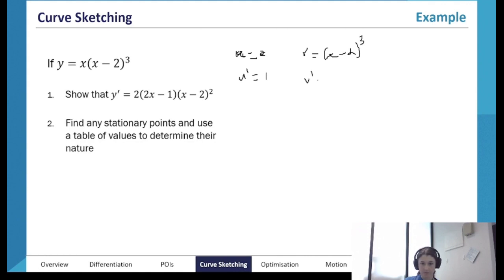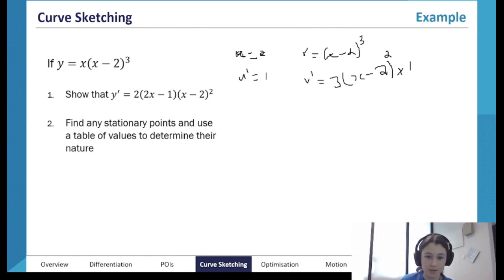Our v dash, remember, we're going to use our chain rule here, so we're going to take this 3 out the front, leave what's in the brackets, take this old power by 1, reducing this old power, giving us 2. Now we're going to multiply by the derivative of the thing we just left by itself, the thing we just covered over, the thing we just ignored. The derivative of x take 2 is just going to be 1.